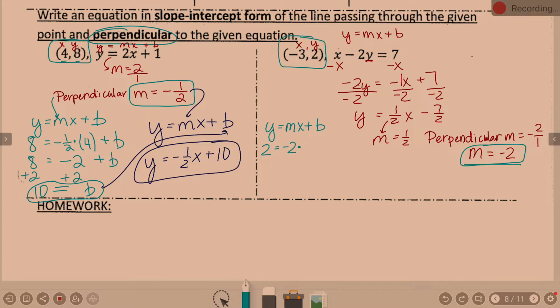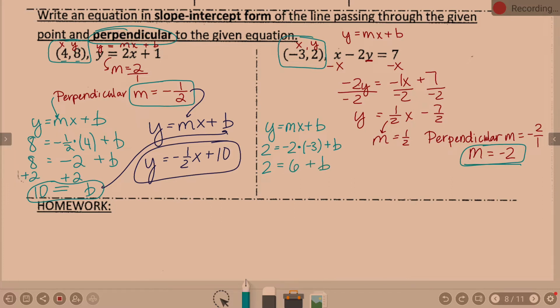Olivia Moss. Slope is negative 2. X is negative 3. And then plus b. Carry the 2 down. Negative 2 times negative 3 is 6 plus b.